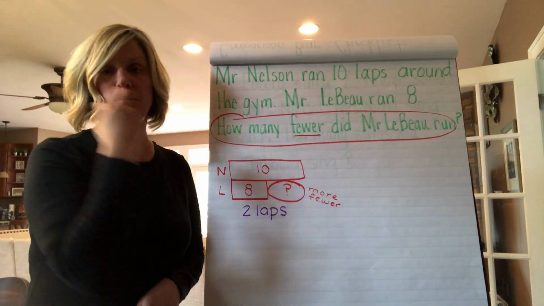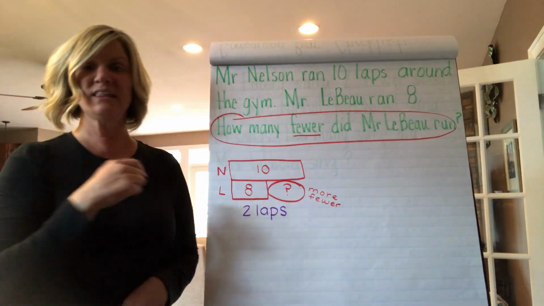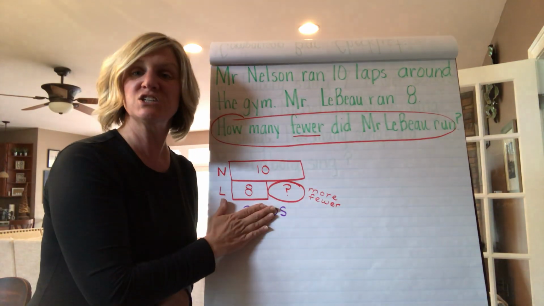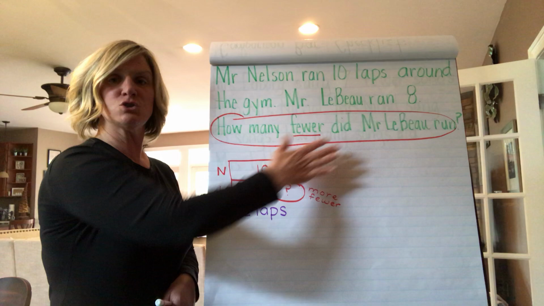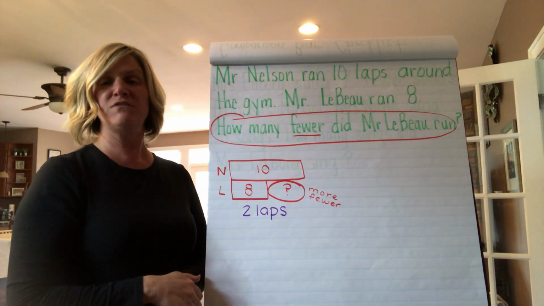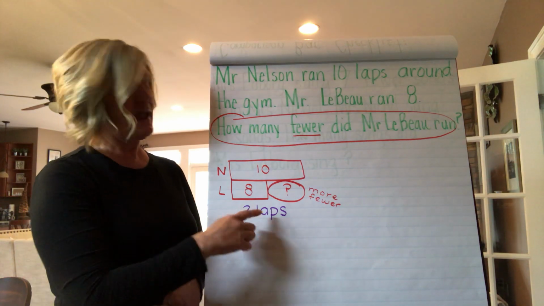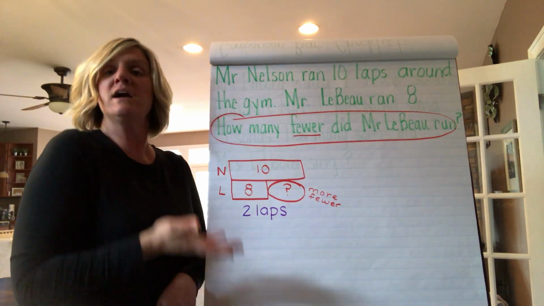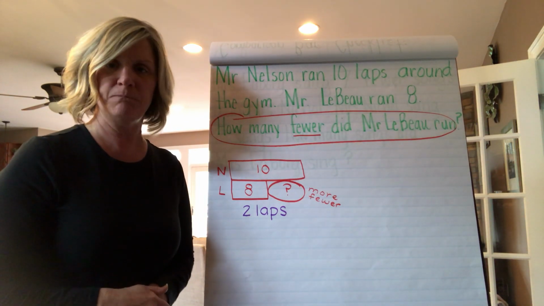Laps is our label. It's not candy like the last time. It's not dishes like the last time. This story problem is about laps. This question is saying how many fewer laps did Mr. LeBeau run? And we got 2 using our counting on strategy.